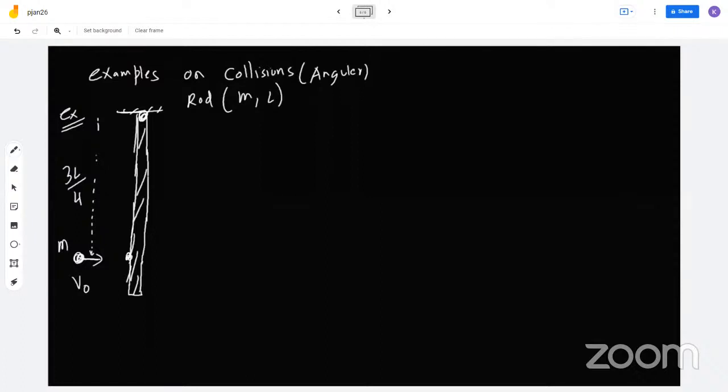The coefficient of restitution, say e is equal to 0.5, some value like 0.5 or 0.6, whatever.